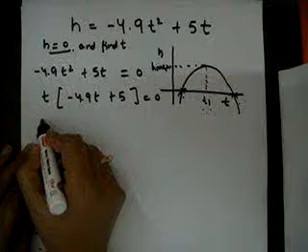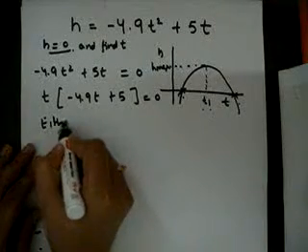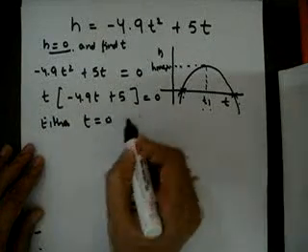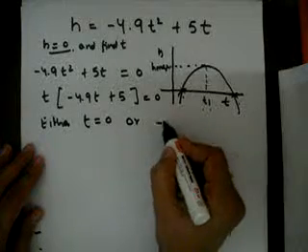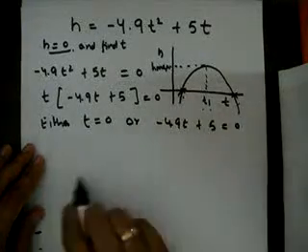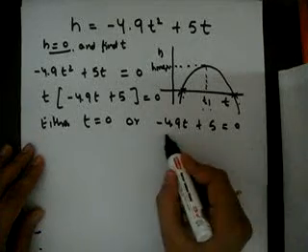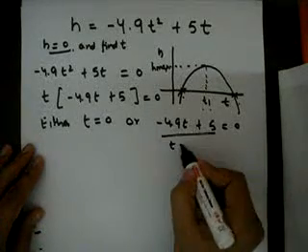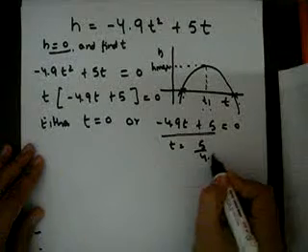So either t equal to 0 or minus 4.9 t plus 5 equal to 0. If this expression equals 0, then t equal to 5 by 4.9.